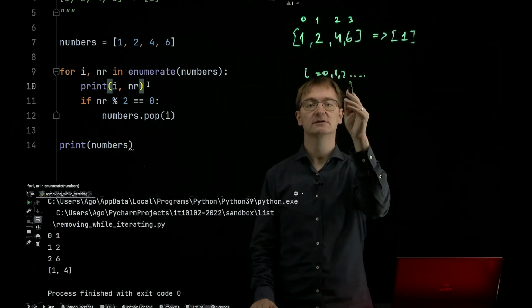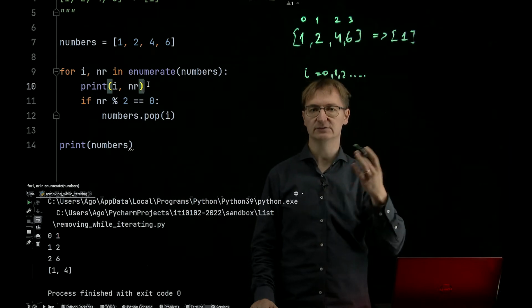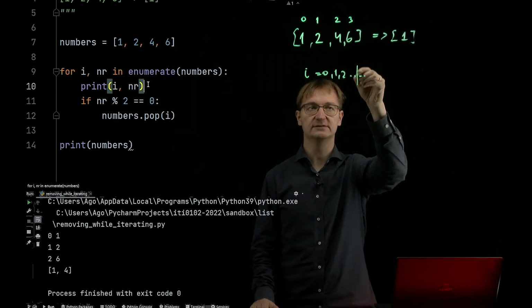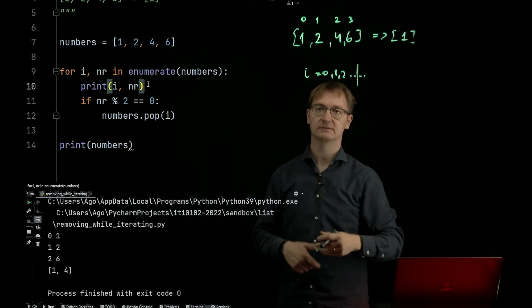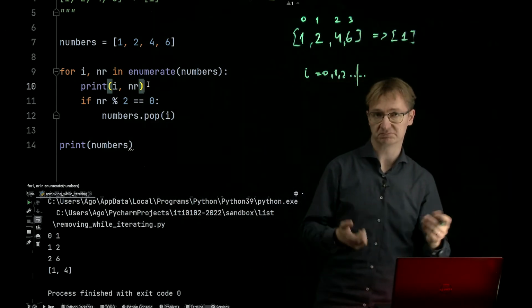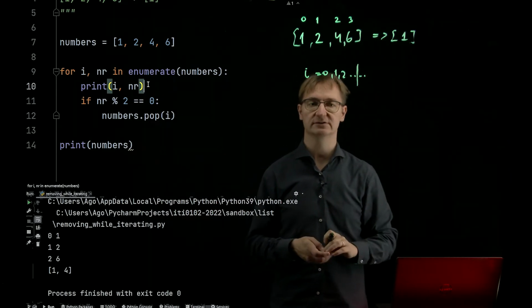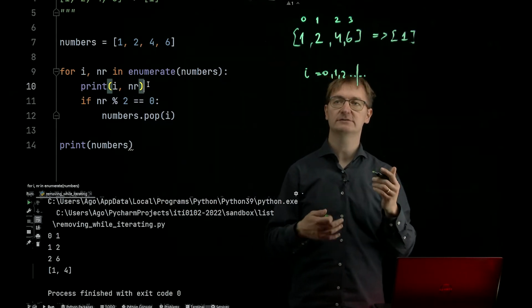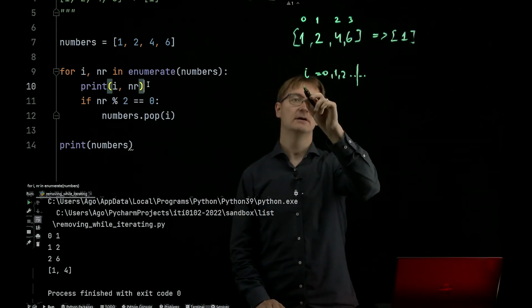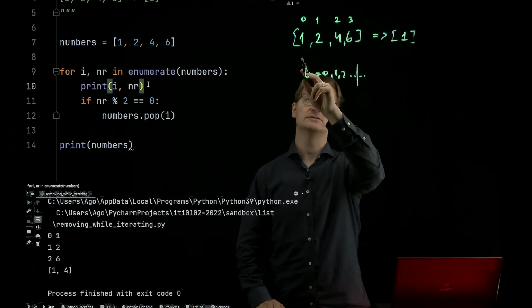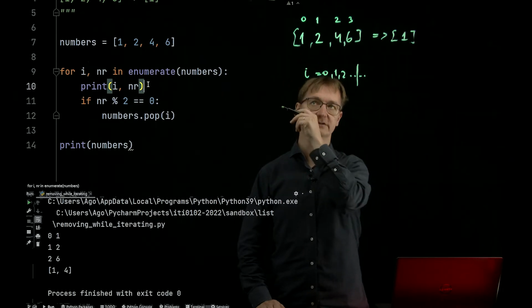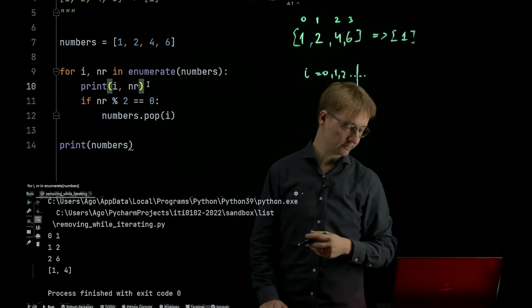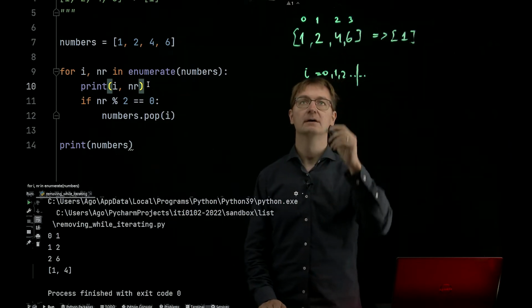The i value, or the index value, just increases by 1, until the end of the list is reached, then the loop breaks, or the iteration is not even started. And what happens here? First, we have this list, i is 0, and we have this check whether this number is odd or even. Because it is not odd, nothing happens. There is no pop. We go on.